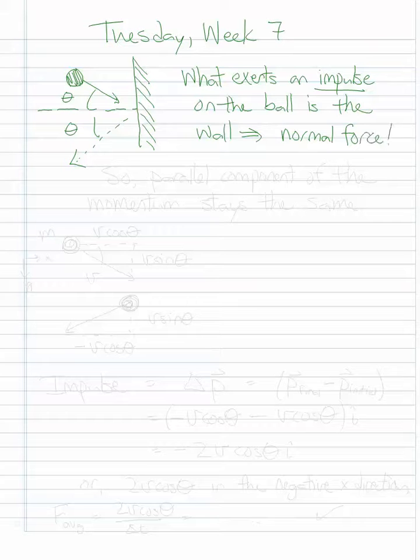So what that means is that the x component, or rather I guess I should say the parallel component, since a normal force is perpendicular to the wall, the parallel component of the momentum stays the same.